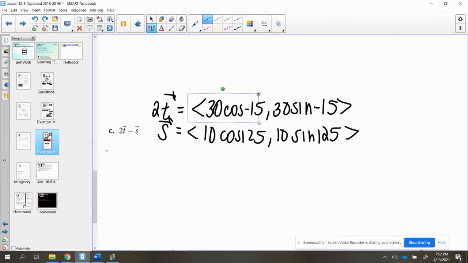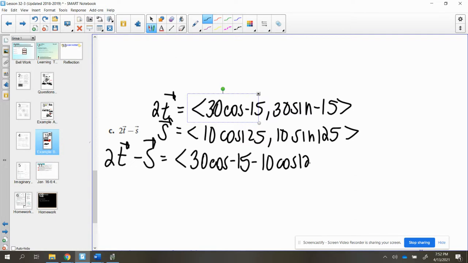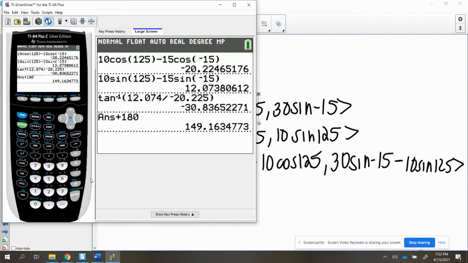Okay. So in this case, if we want to find just the component form of 2T minus S, what we're going to have to do is take A minus A, and then B is going to be B minus B. All right, so typing all of this in, we have 30 cosine of negative 15 minus 10 cosine 125.